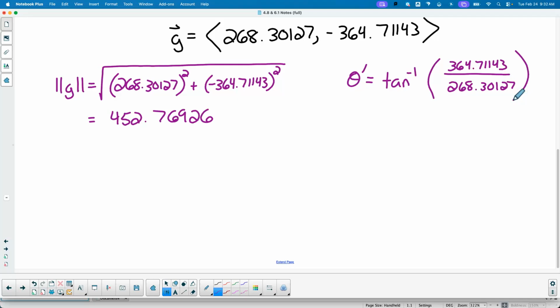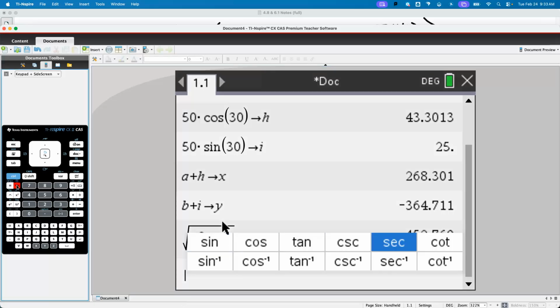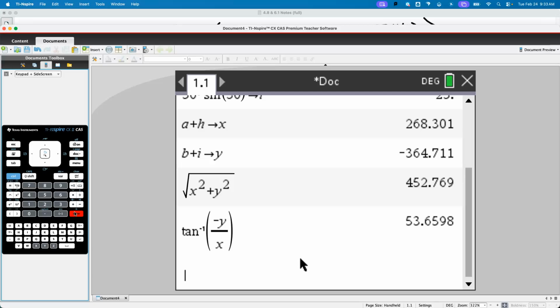Because my y is negative, to clear that negative, I'm going to type this in on the calculator as inverse tangent of negative y divided by x. That will clear that negative sign and give me an acute angle of 53.65981.